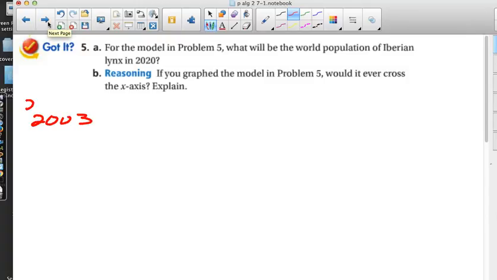No, it's 6.5. So how many years from 2020 to 2003? 17 years. And we're thinking this is really bad news for the lynx, right?